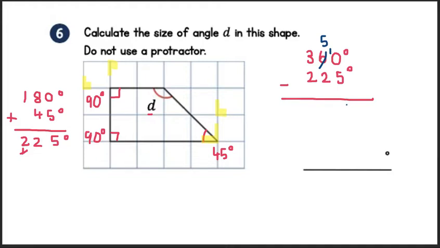Ten take away 5 is 5. 5 take away 2 is 3. 3 take away 2 is 1. So the angle D is 135 degrees. And I can check that if I add up 90, add 90, add 45, add 135, I will get 360 degrees.